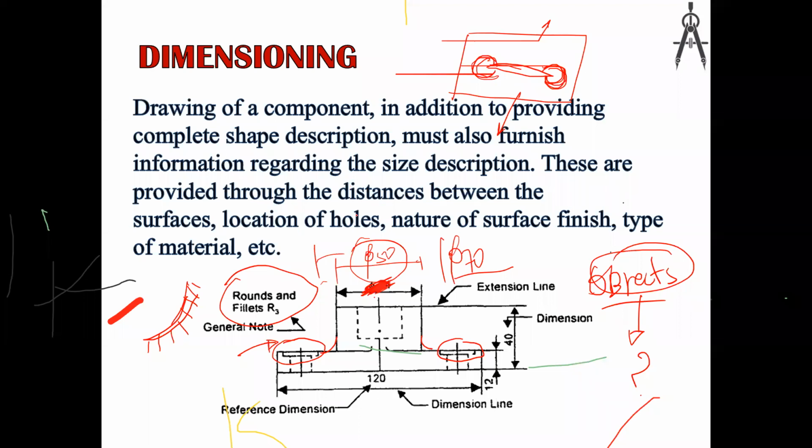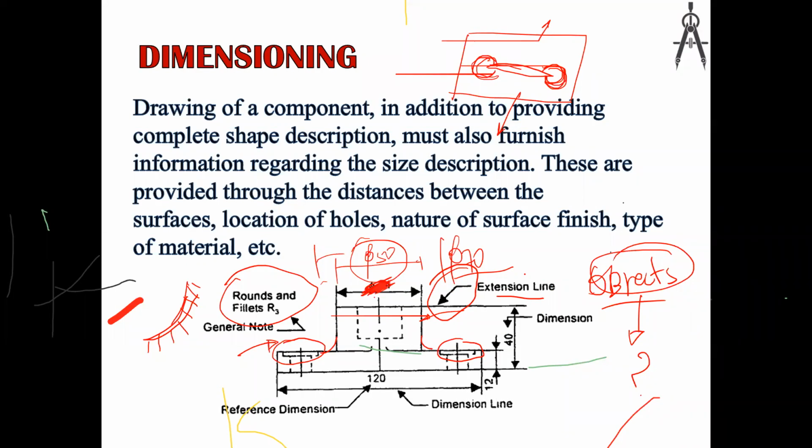And more than the dimensions, we might have to give the surface roughness. What is the surface quality? Those are given as leaders. Leaders mean, as given here, there is an arrow and a small note, with an extension line.